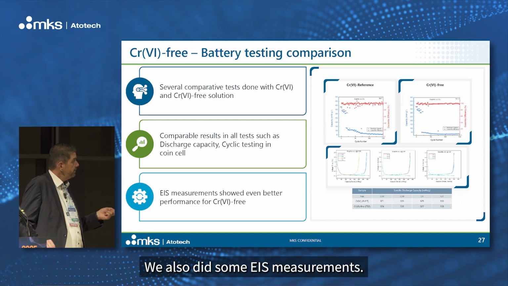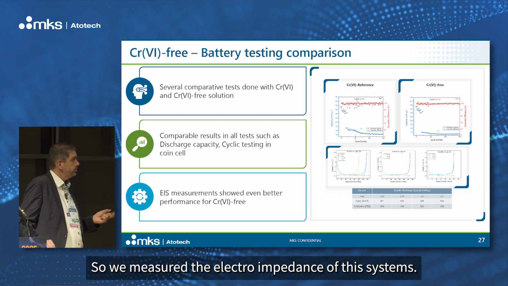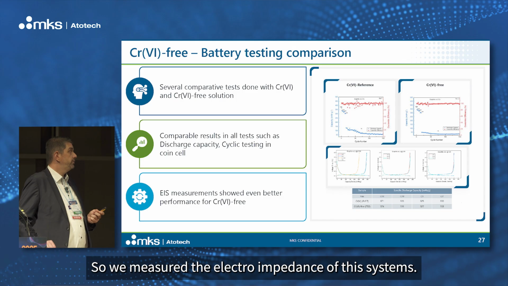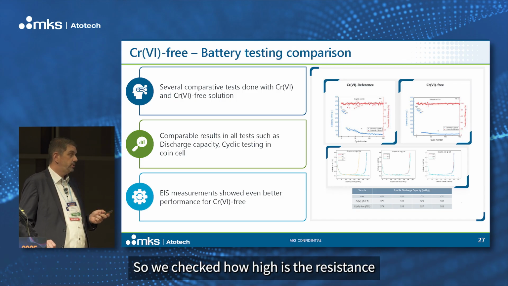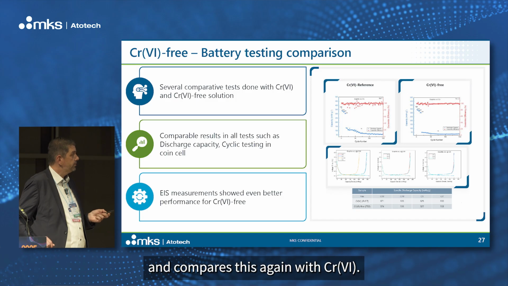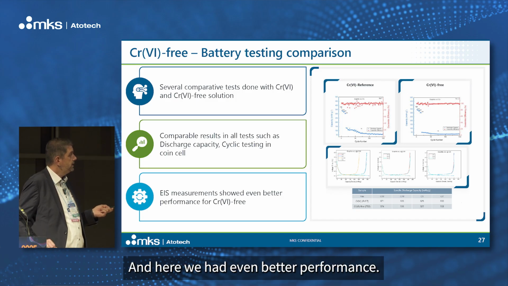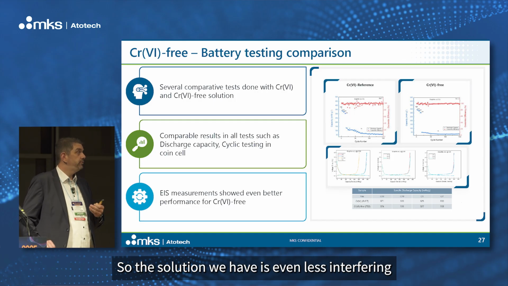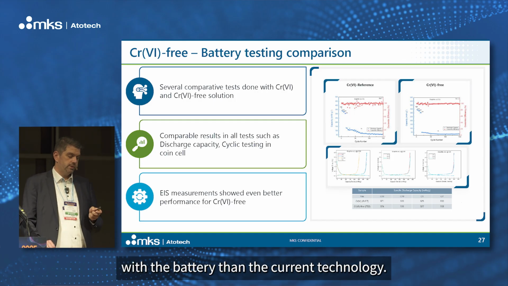We also did some EIS measurements. We measured the electrochemical impedance of these systems, checking how high the resistance is that this passive layer gives to the system, and compared this again with Chrome 6. And here we had even better performance. So the solution we have interferes even less with the battery than the current technology.